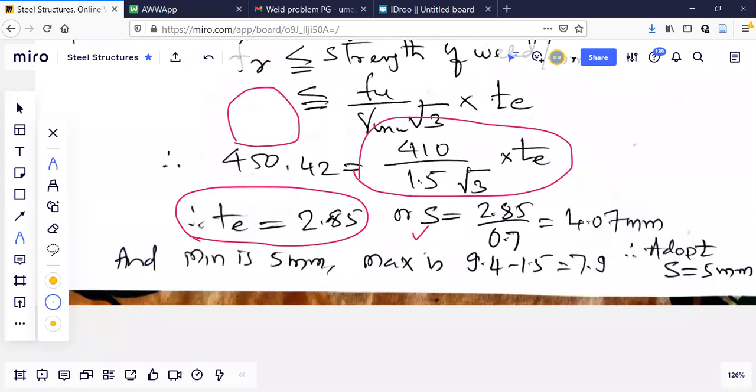Using T is equal to 0.7 S, I am going to get the S value, which is 2.85 divided by 0.7. I got 4.07. Directly I will not say use 4.07. These are impractical values. Now again study the condition here.